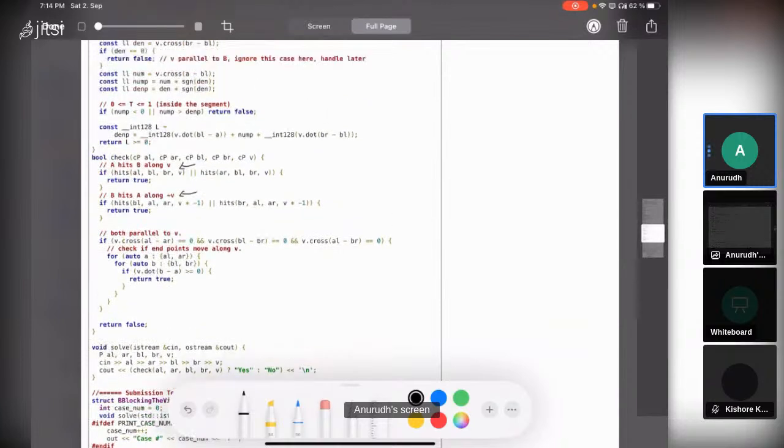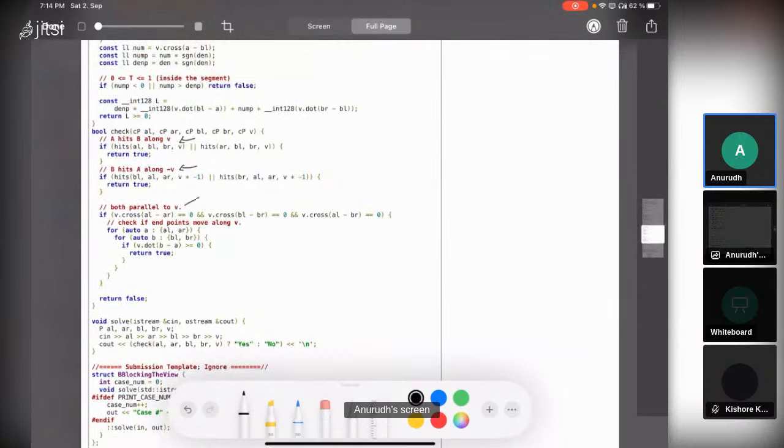But then there's the edge case I mentioned before, that is, they're actually parallel. If the lines are parallel to the vector V, then I'm going to test against that. So I check this: V cross AL minus AR is zero if AL minus AR, the line segment A, is parallel to V. And this tests if the other line is parallel.